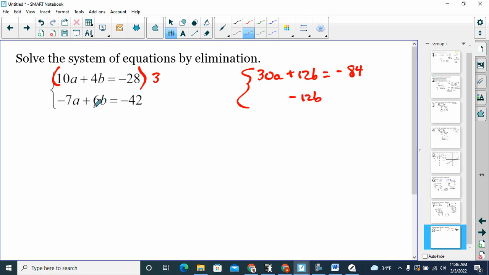So we're thinking through 6 times what is going to give me that negative 12 that I want. I need to multiply times negative 2. Negative times negative is positive 14a. Positive 6b times negative 2 gives me negative 12b. That's what I wanted there. Negative 42 times negative 2. Negative times negative is positive 84.